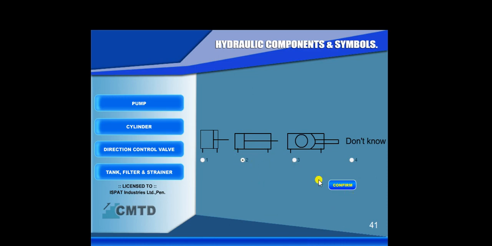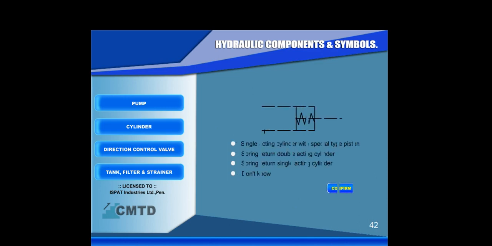Answer is 2. Yes. What does the following symbol indicate? Single acting cylinder with special type of piston, double acting cylinder, or spring return single acting cylinder?